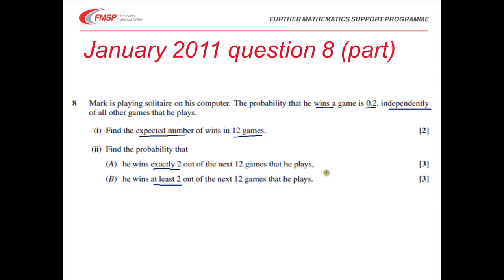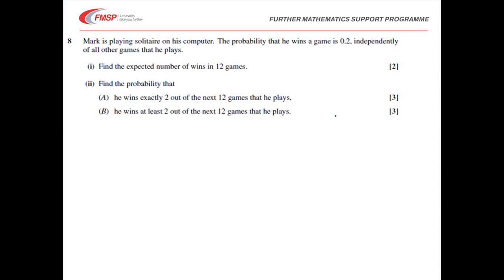So again, this is a binomial question. So I'm going to start by saying that X is binomial, 12 games, probability of winning 0.2. The expected value of X is then np, which is 12 times 0.2, which is 2.4.